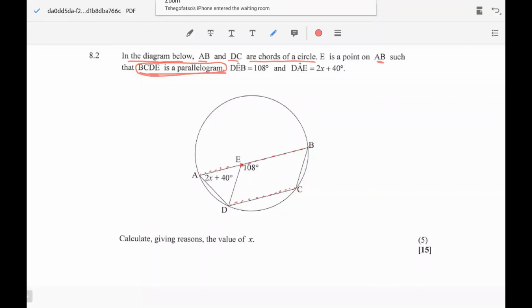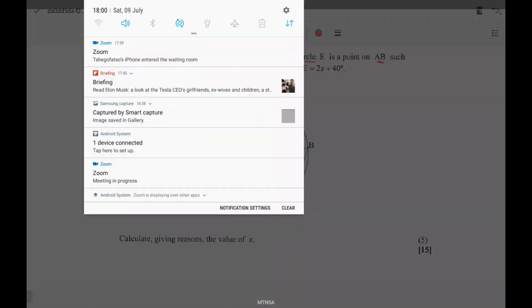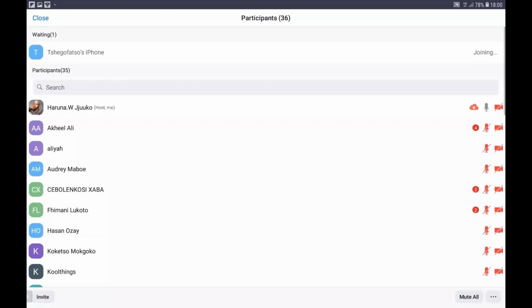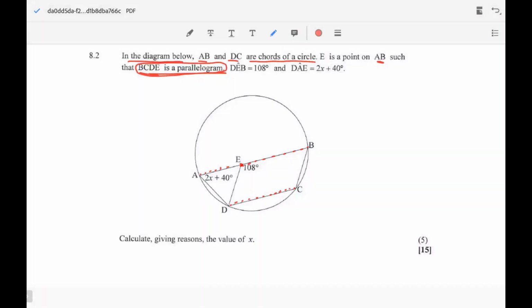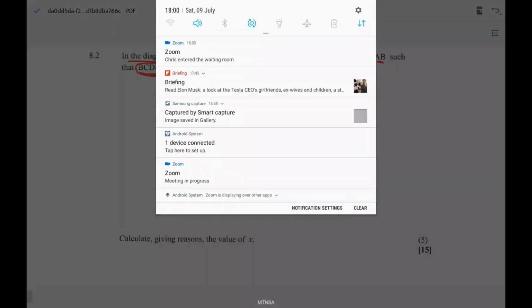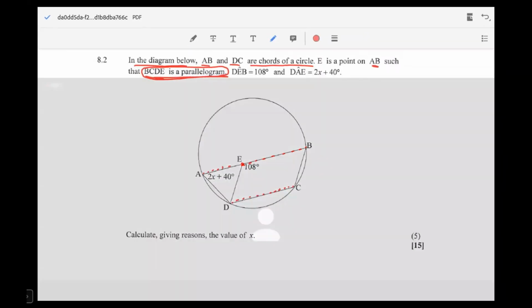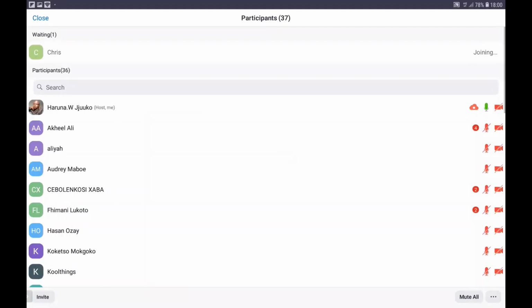So this means that you need to know the properties of a parallelogram. These properties were taught to you in grade 9, grade 10. Of course, in grade 11, it was just a revision of the properties. But I'll take you through the revision of these properties before we answer the question itself.